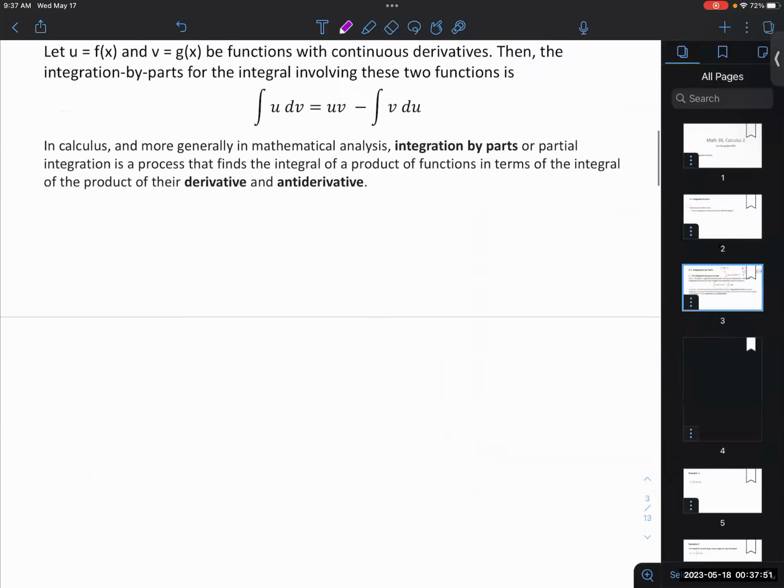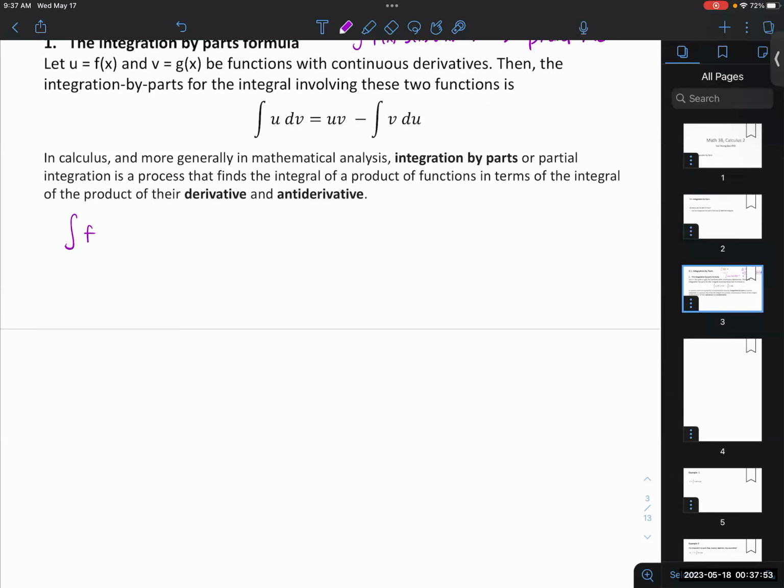So we have a story. I want to take the integral when you have two functions and it's a multiplication. So according to the product rule, f of x times g of x, I can just rewrite the product rule: f prime x g of x plus g prime x times f of x.